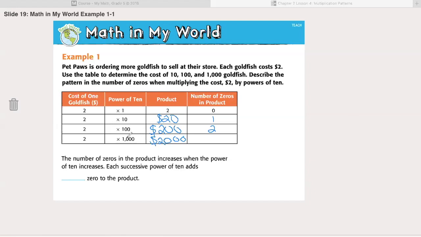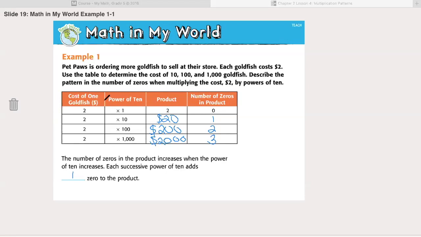And in the power of 1000, I have 3 zeros in the product. The number of zeros in the product increases when the power of 10 increases. Each successive power of 10 adds 1 zero to the product, right?